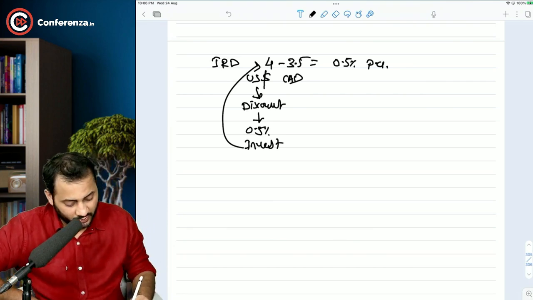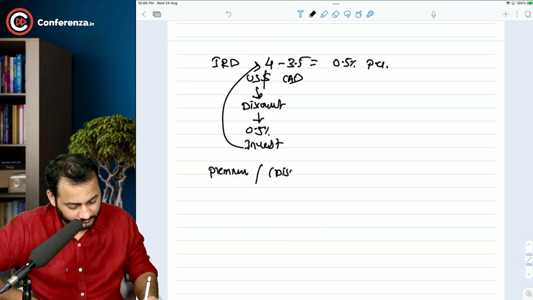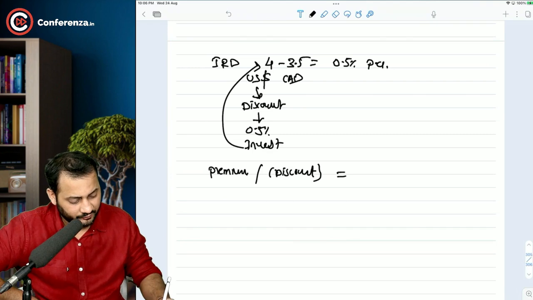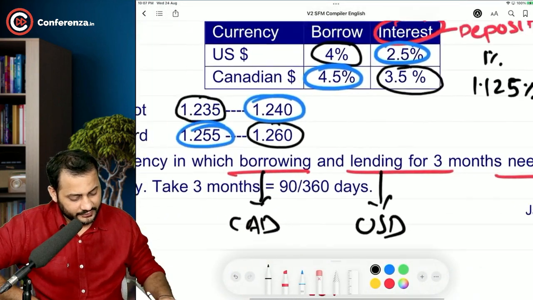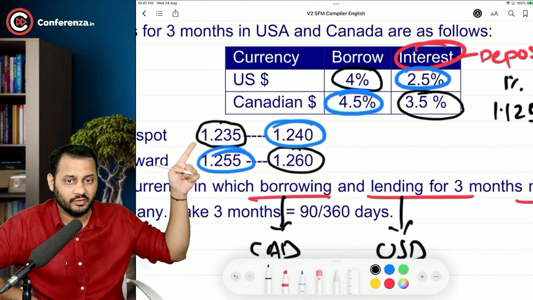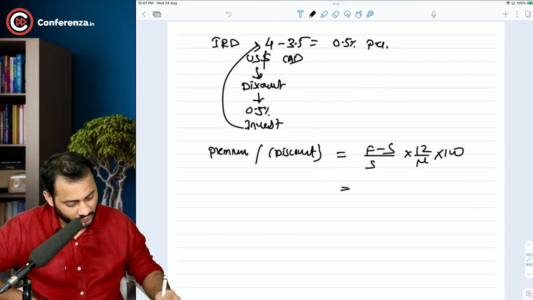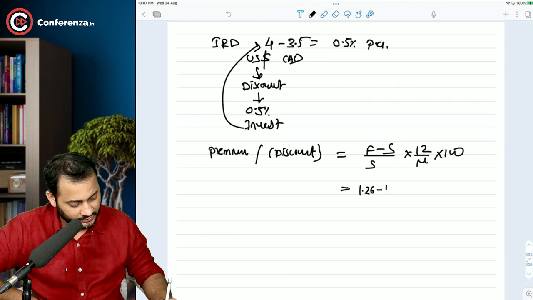Now let's find out the premium or discount in US dollar, which is the base currency, and that too per annum. So 12 by n into 100. All the black circle figures: 1.235, 1.260. So forward rate is 1.26, spot rate is 1.235, divided by 1.235 into 12 divided by 3 months into 100.